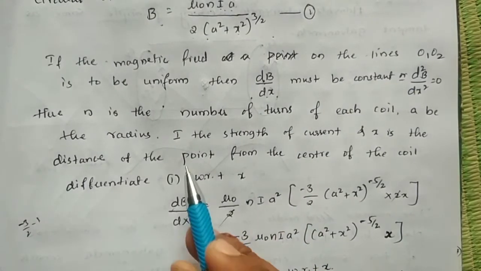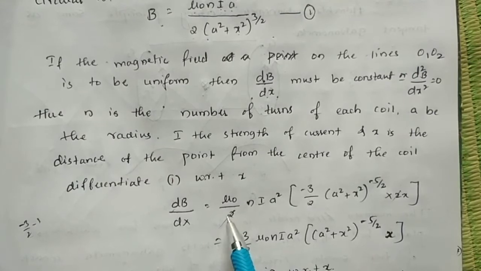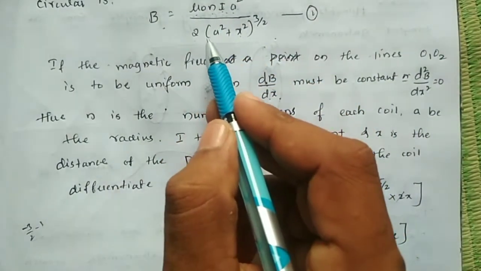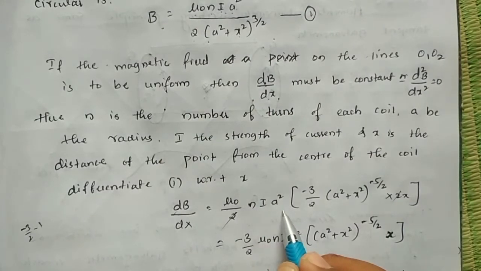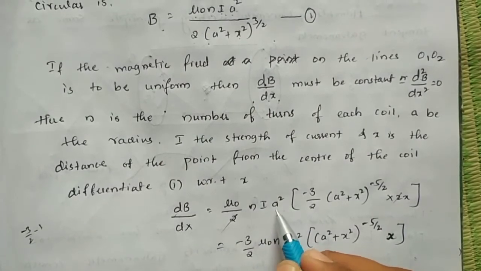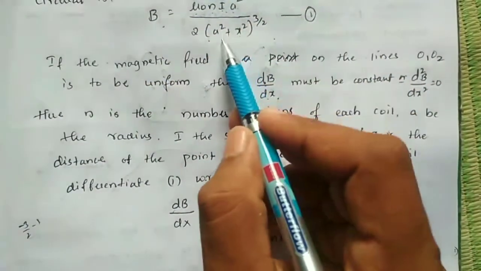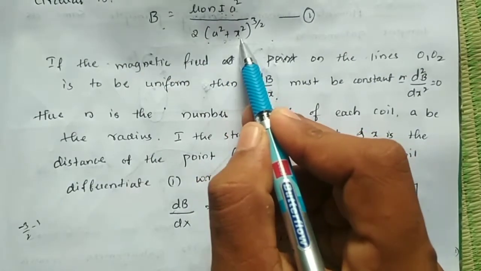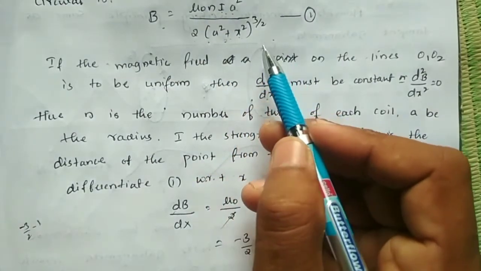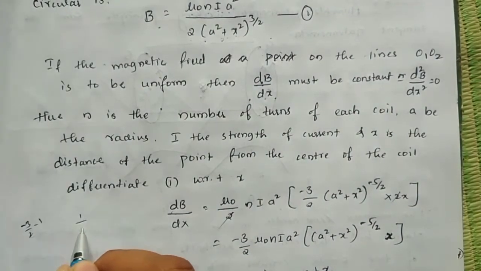So dB by dx equals mu naught divided by 2. You have to take mu naught divided by 2 as a constant outside, and n I a square is also constant. These constant terms you take outside, and this is the differentiation of 1 by (a square plus x square) whole raised to 3 by 2. Okay, it is in the form of 1 by x.